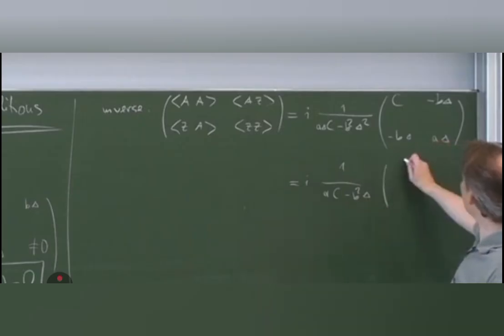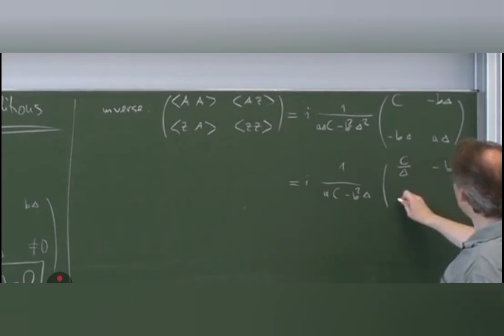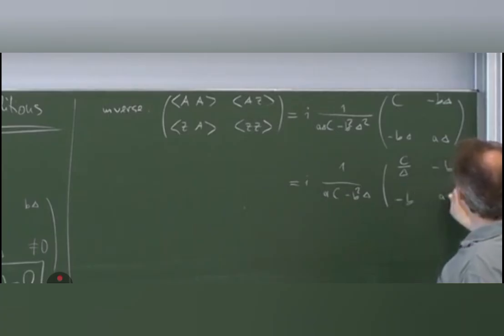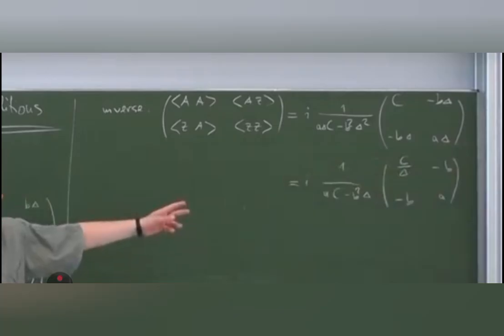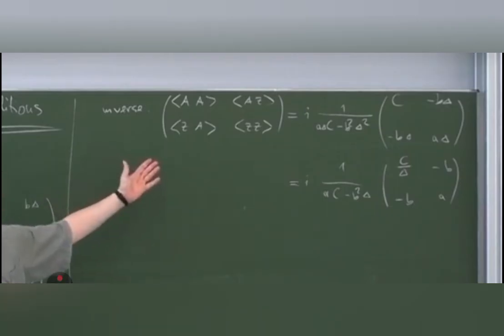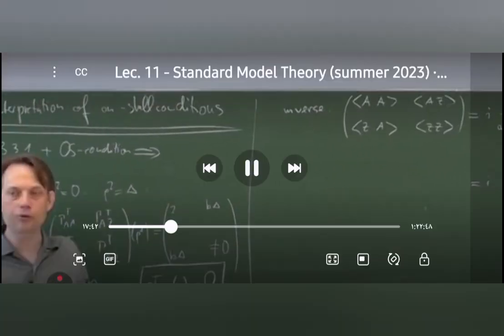And then you have here C divided by delta minus B A. I've cancelled one factor of delta. And so delta is p square, and we are looking at this around p square equals 0, and these are the full 2-point functions after calculating all loop corrections to them. So that includes tree level plus all higher order Feynman diagrams, including renormalization.